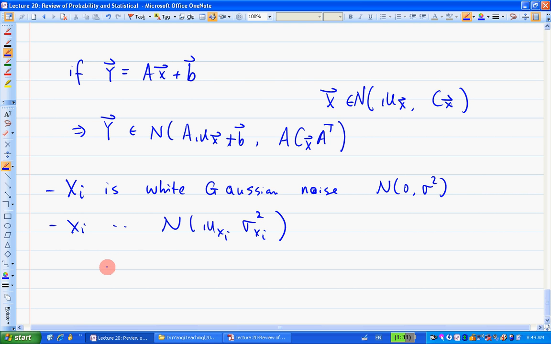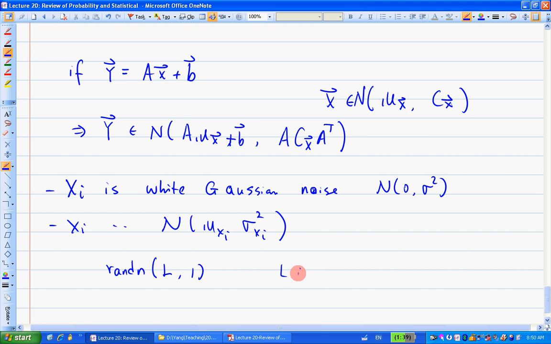We can use this MATLAB command called RANDN. RANDN is a function to generate normally distributed numbers. You give it a certain number L, and it generates L by 1 or 1 by L, doesn't matter.